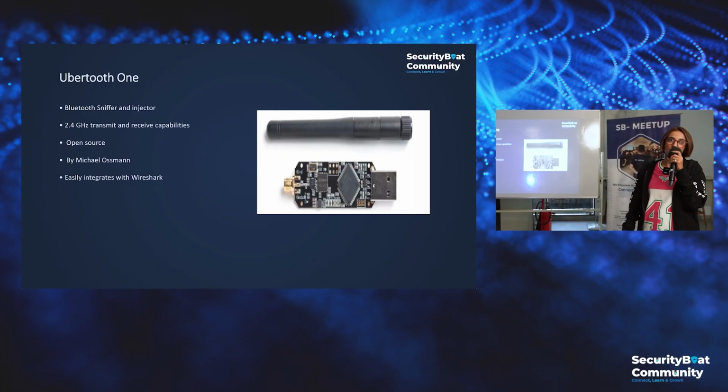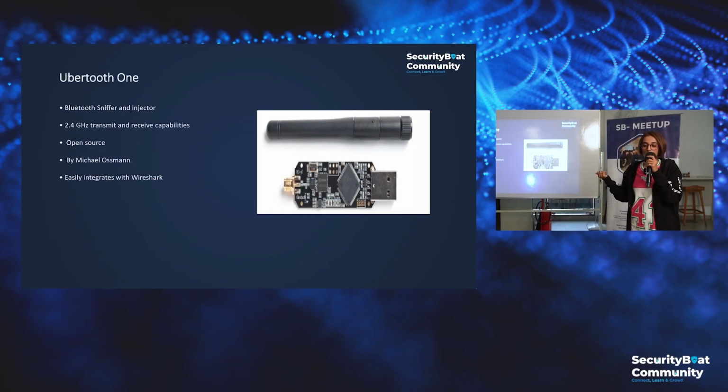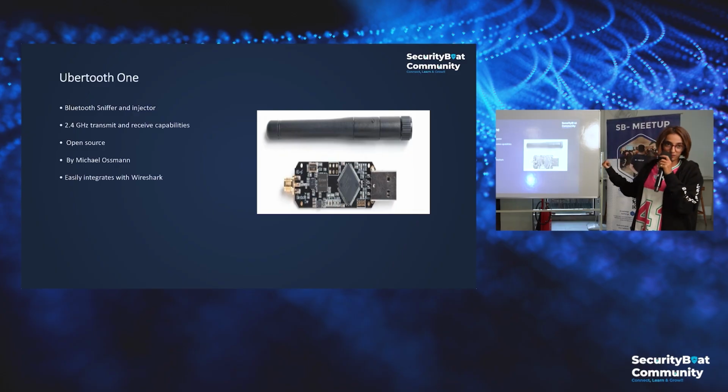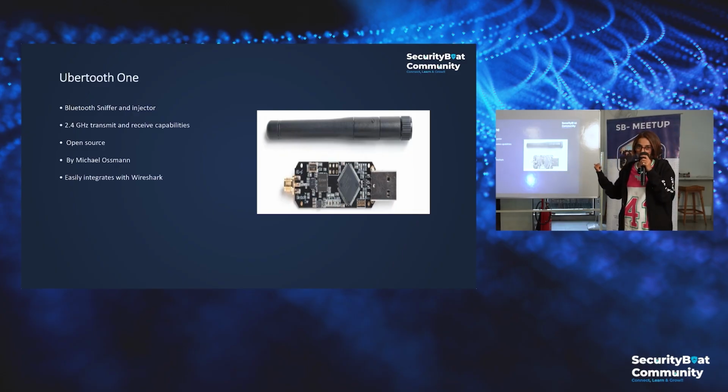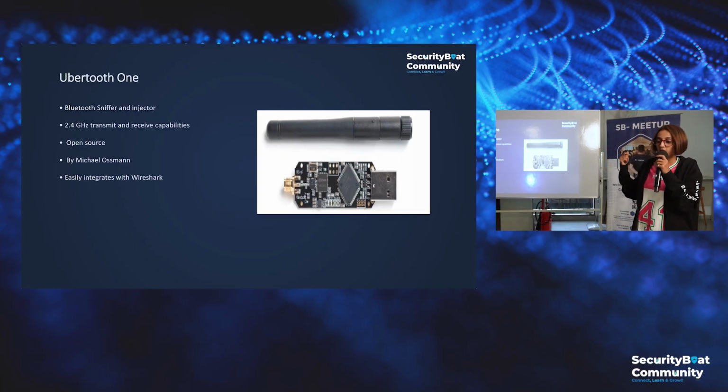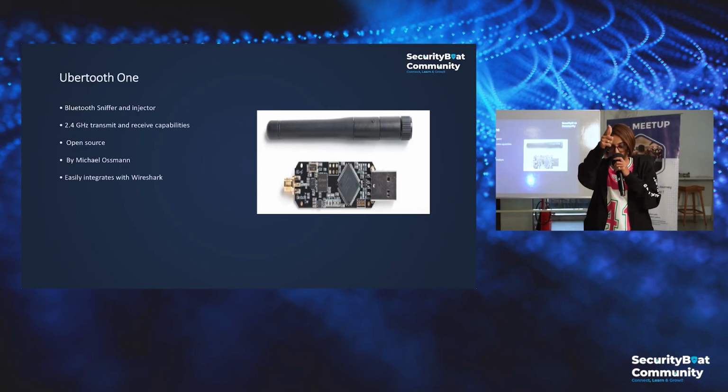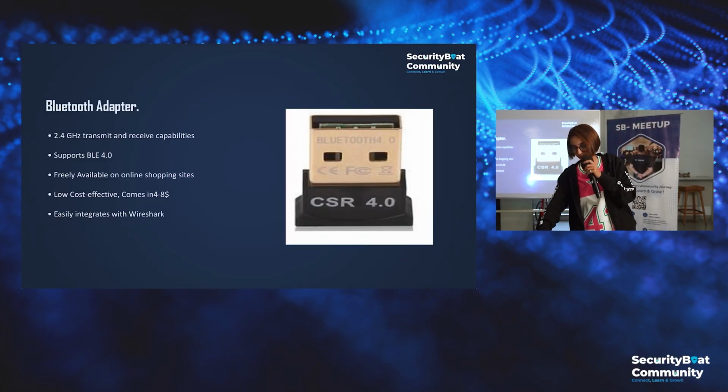It's open source, anybody can use it, and it was made by Michael Ossmann, and it easily integrates with Wireshark. What it means is that when you use Ubertooth One and turn on your Wireshark, in the list of interfaces, you can see this device also. But this is $120 to $150. It's expensive. It's heavy on pockets. If you're rich, go for it. If not, we have a jugaad.